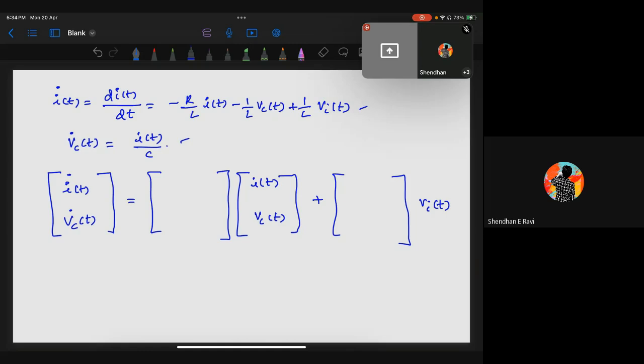Now look at the second equation. What do we have? i of t multiplied by 1 by c, correct?